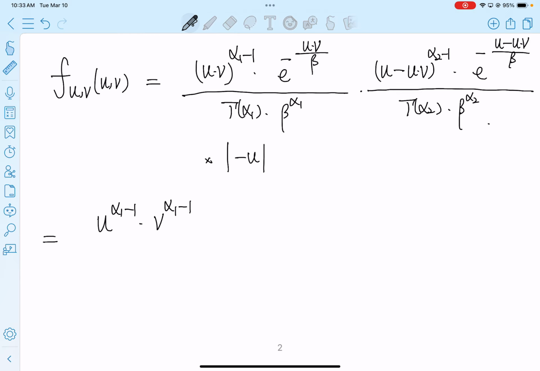Now let's handle this part. Okay, so this is equal to u multiplied by 1 minus a v altogether raised to the power of alpha 2 minus 1, right? Do you agree with that? Yeah. So that means we can also break this by the product, the individual components raised to their power.